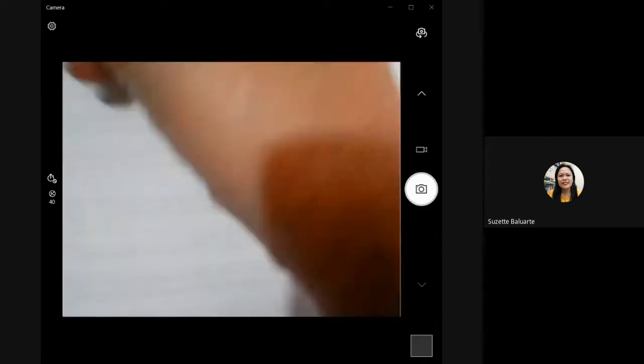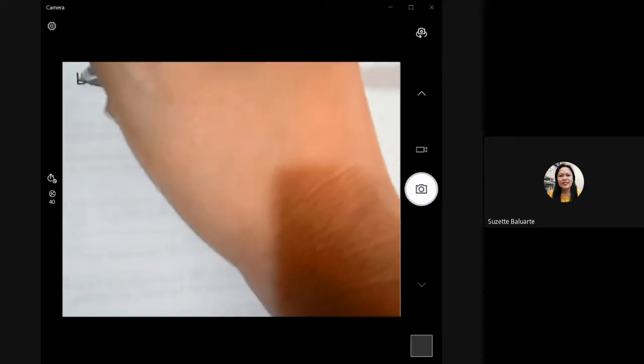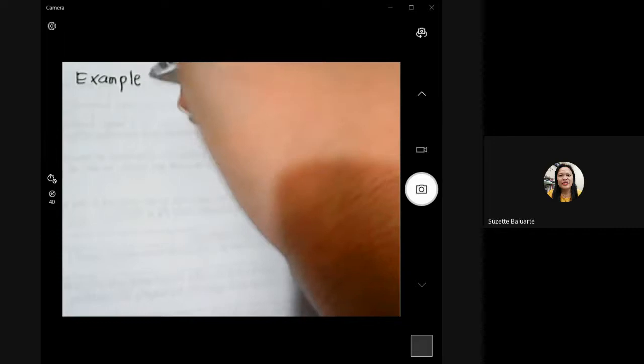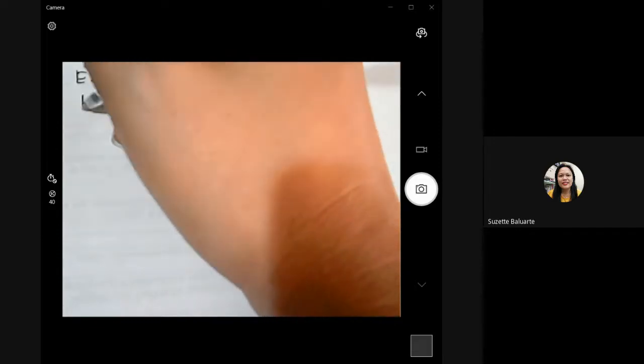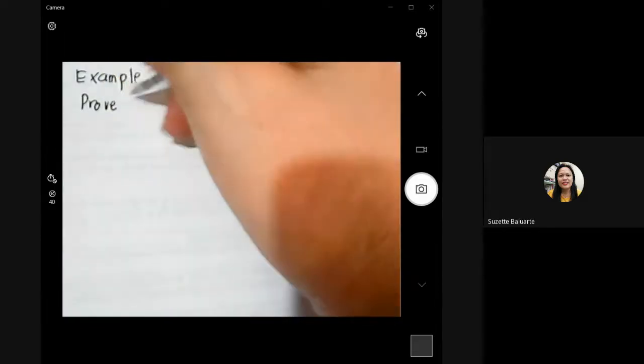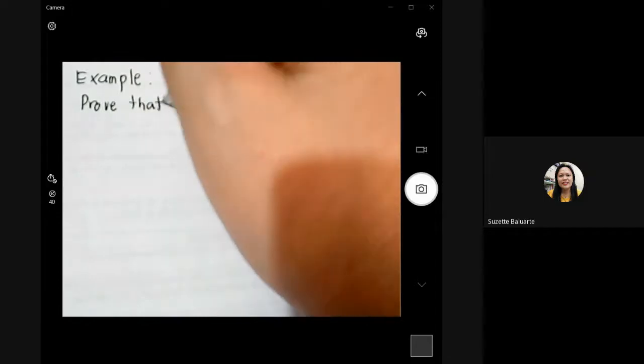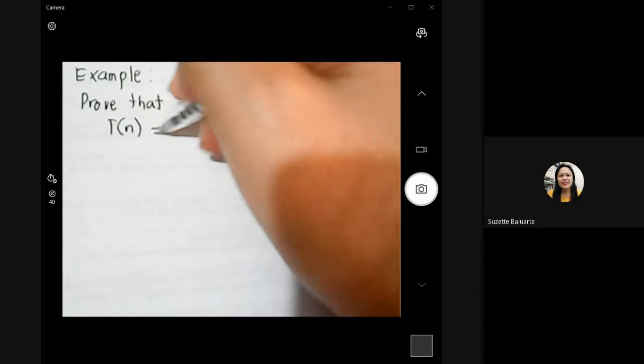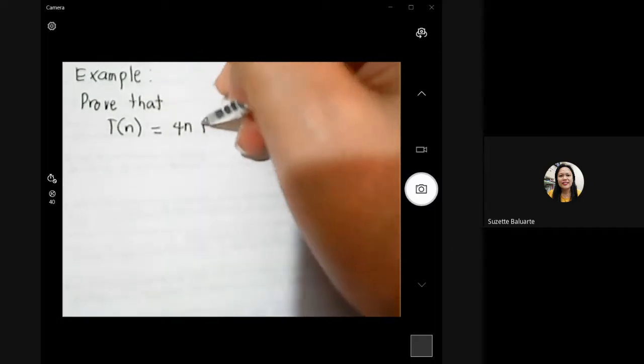Example: prove that your T of n, just a sample, is equal to 4n plus 3.